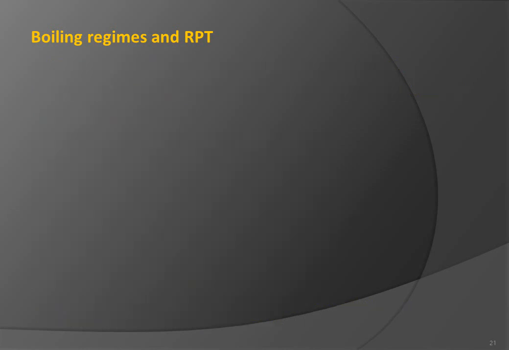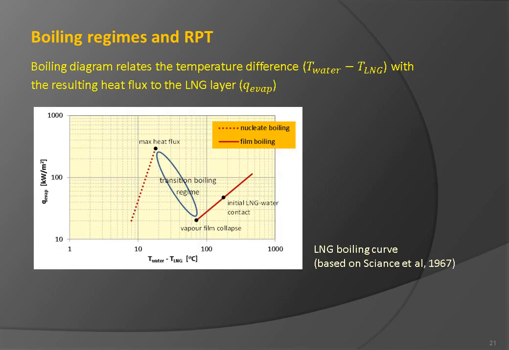The phase transition diagram does not reveal different boiling regimes with the associated evaporation mass fluxes. A boiling curve relates the temperature difference between the surface and the LNG layer with the resulting heat flux to the LNG layer, QEvap. It was reconstructed from diagrams published by Melem and collaborators in 2006 and Verzik and collaborators in 2009, although in both instances the work is based on much older data.